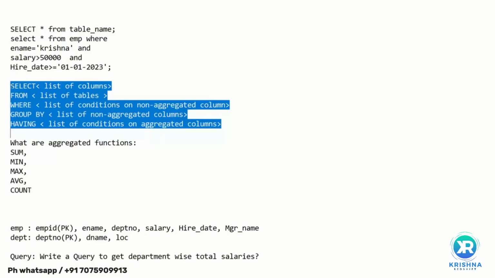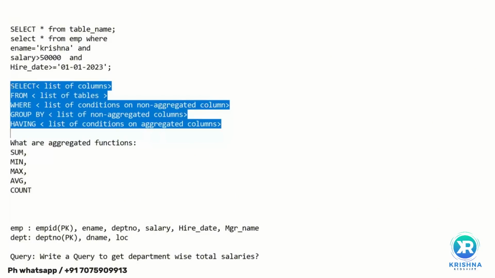And the from clause has the list of tables. Whatever tables are involved, we will have them in the from clause. In the where clause we will have conditions on the normal columns. You cannot say where count of salary greater than 1, or where sum of salary greater than 50,000.